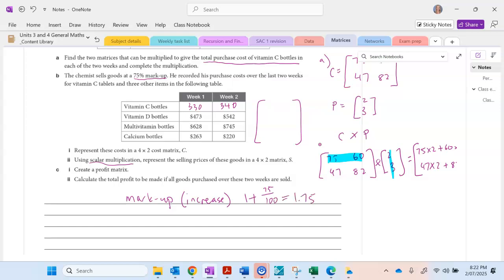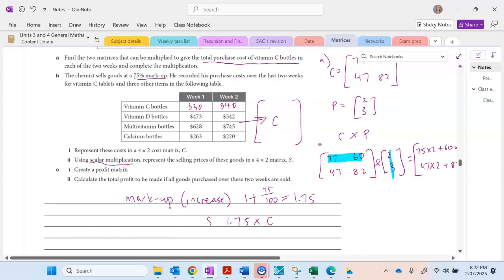So when you're doing your scalar multiplication, it's 1.75 times matrix C. Not matrix S, matrix C. So this was matrix C, which came from there, and this is what matrix S is.